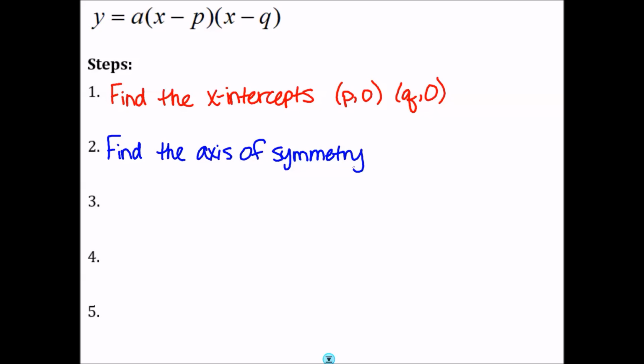So you can either just figure that out on your own, or if you like formulas better, you can do the formula p plus q divided by 2, or it's the middle of the x-intercepts.